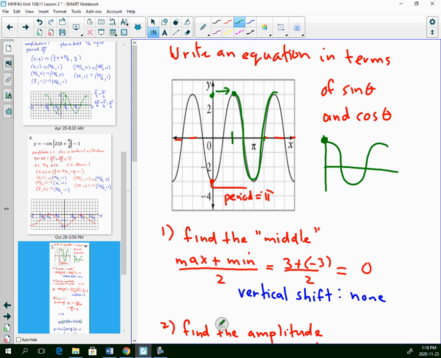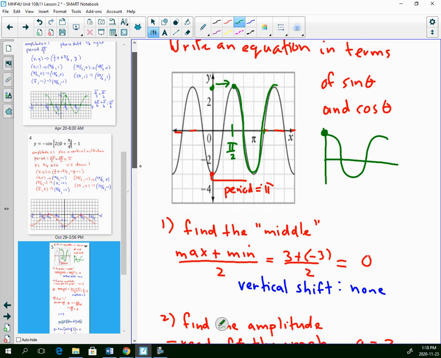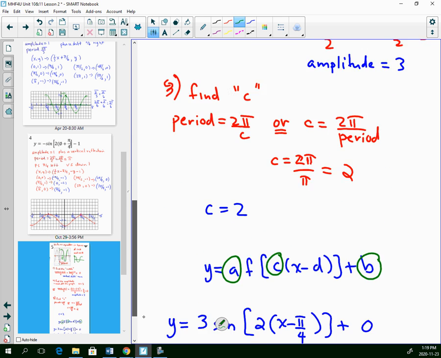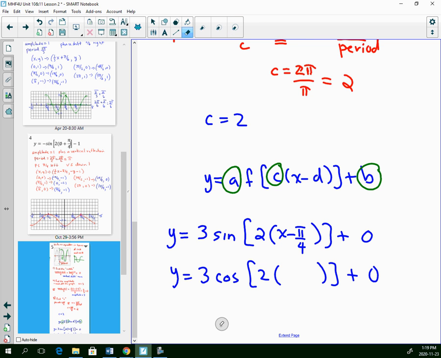Well, this is pi over 2. Remember graphs are always symmetrical. This point here is halfway between 0 and pi. So pi over 2 is 2 squares, and we know each square is pi over 4. So the beginning of cosine has been shifted to the right, pi over 2. That's the only difference. There is no other difference between sine and cosine except for the horizontal shift.